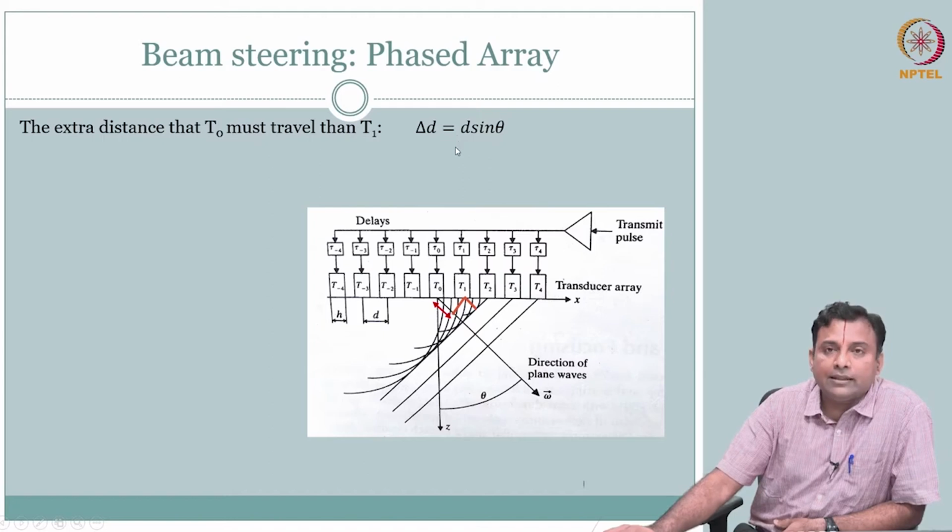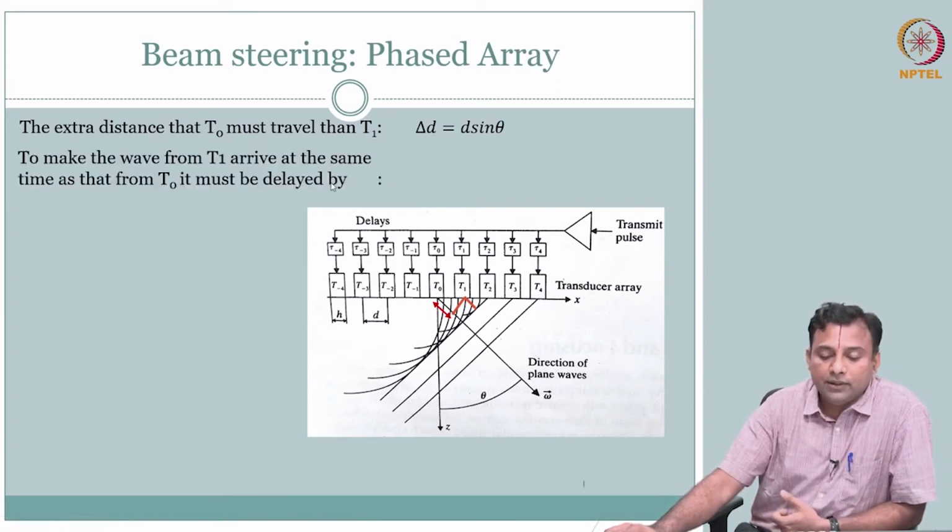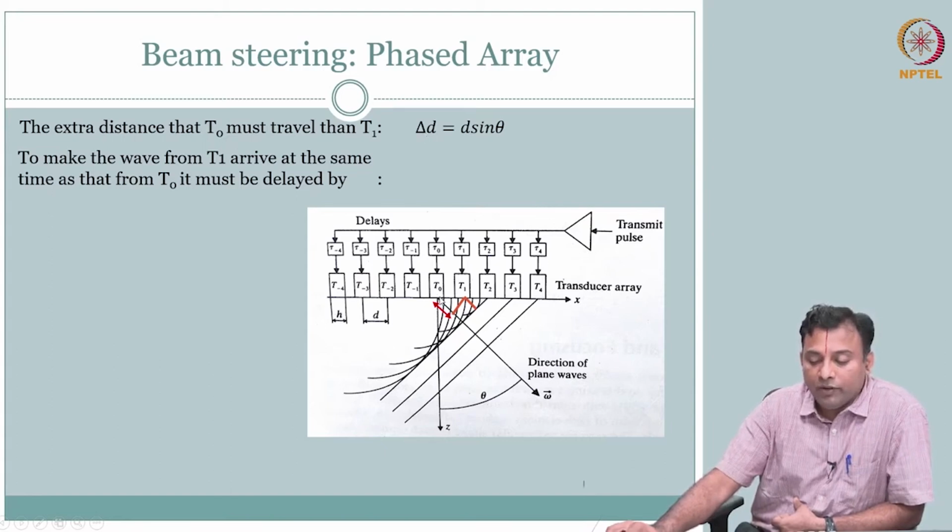So if this is the extra distance that it has to travel, what is the time it takes to travel? You know the velocity c. So to make the wave from T1 arrive at the same time as T0, it must be delayed by the time for this wave to go this much, delta d.